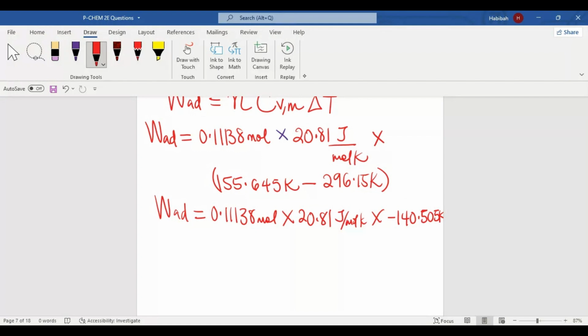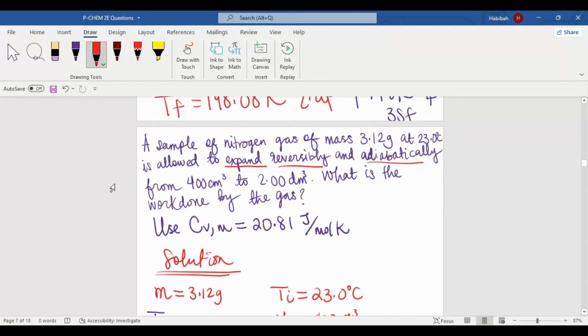Of course you cancel out the mole and the Kelvin. You can input all of this information in your calculator: 0.1138 times 20.81 joules times negative 140.505 would end up giving you negative 325.665 joules.